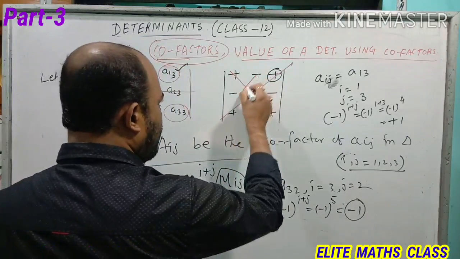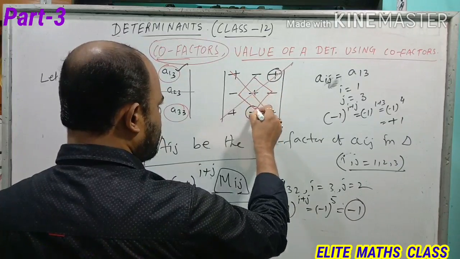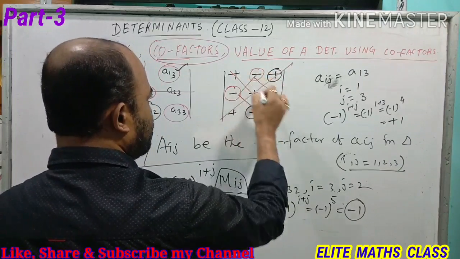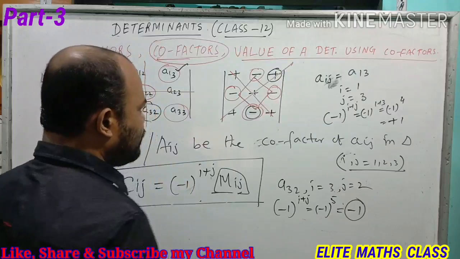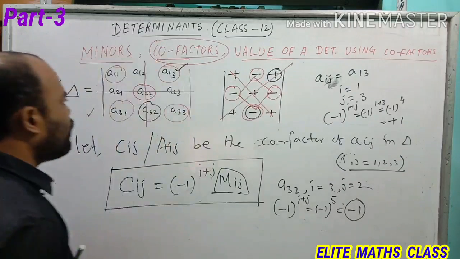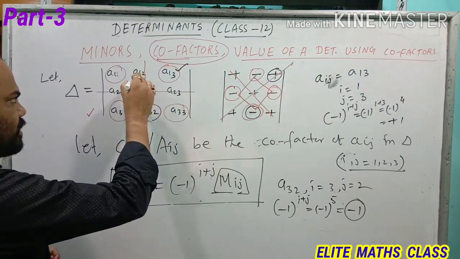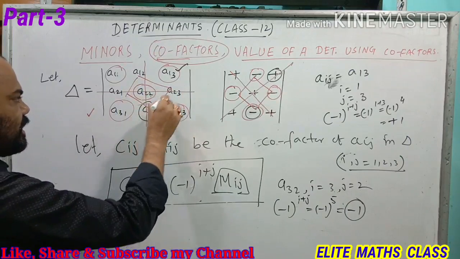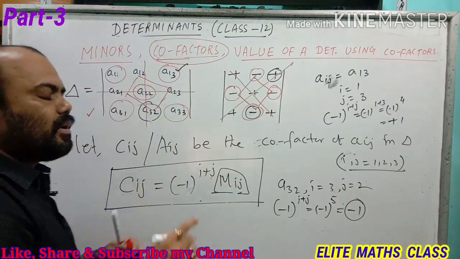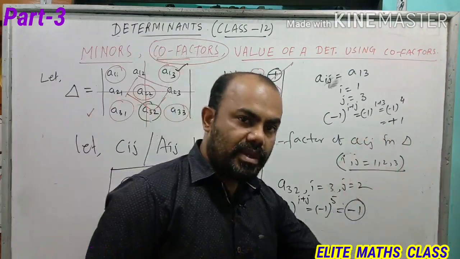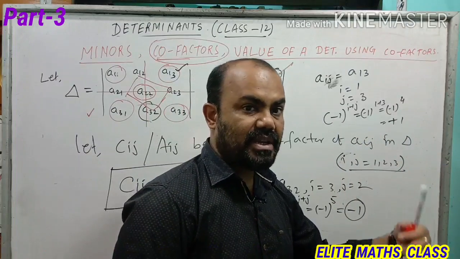Now see, for these 4 positions the sign is negative. For these negative signs, what will be the cofactors of the elements? For these 4 elements, their cofactors will be of opposite sign to their respective minors.